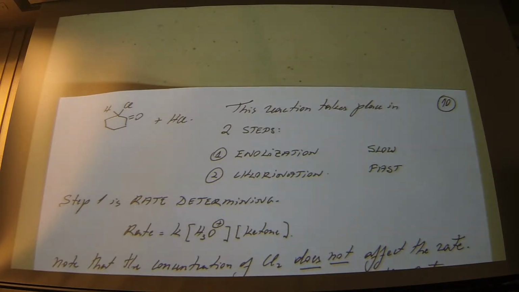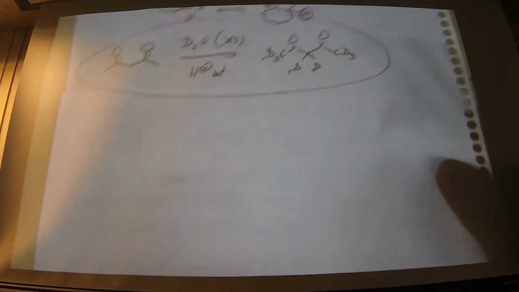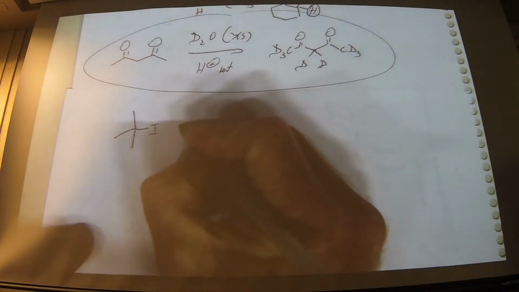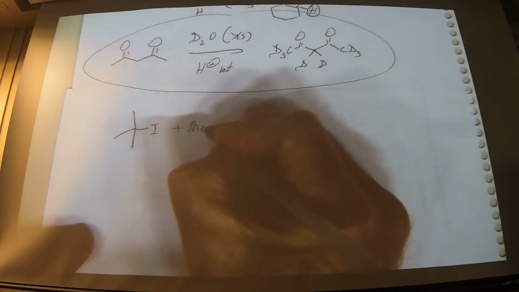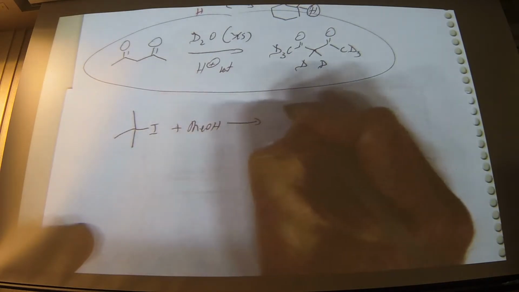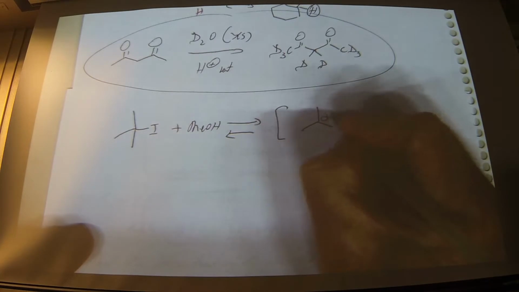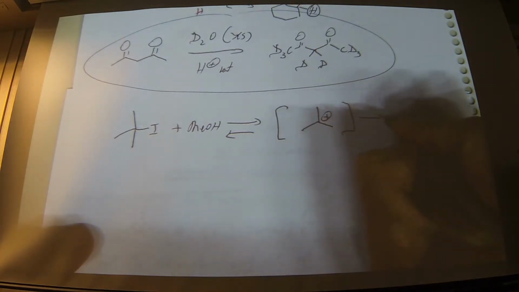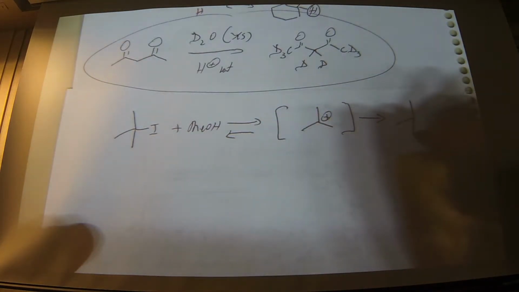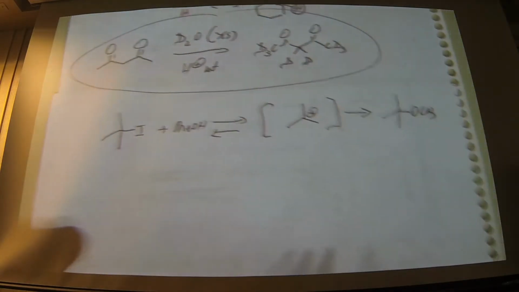Remember, let's go back to SN1 and try to refresh our memories. So let's just take this solvolysis plus methanol. And remember that this gives you reversibly a t-butyl cation, and that in the next step, you end up forming the methyl ether. And the byproduct I don't need to show here.